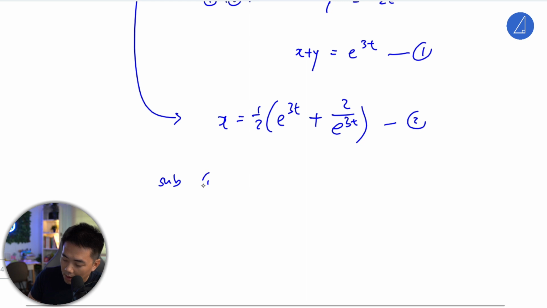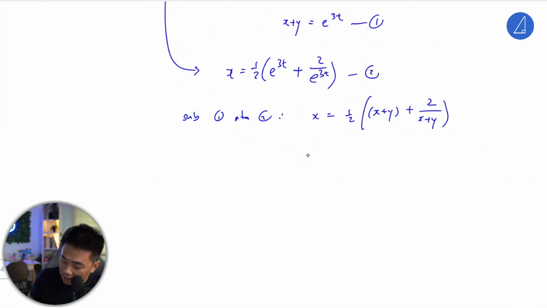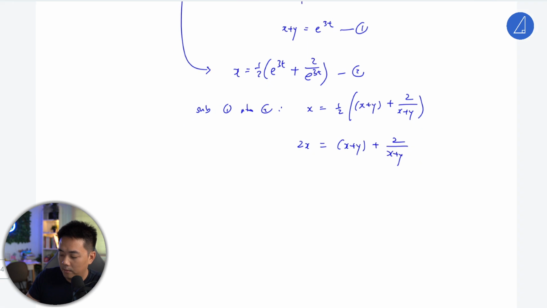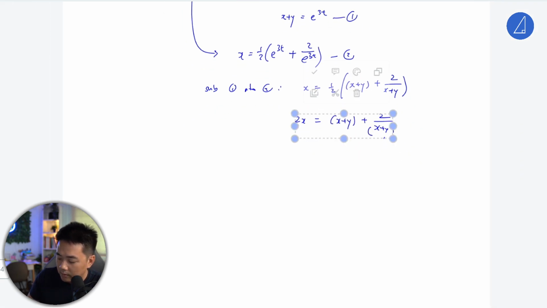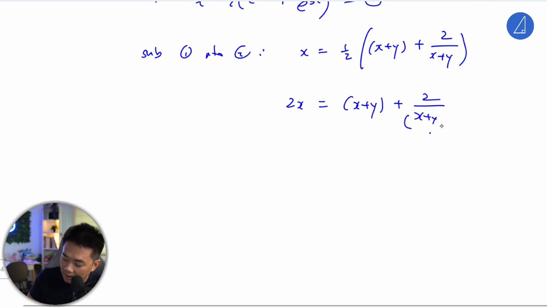Sub 1 into 2, and x equals half of (x plus y) plus 2 over (x plus y). Okay, so 2x is equal to (x plus y) plus 2 over (x plus y). Okay, we could leave it like that, or is there another way to make it look nicer?